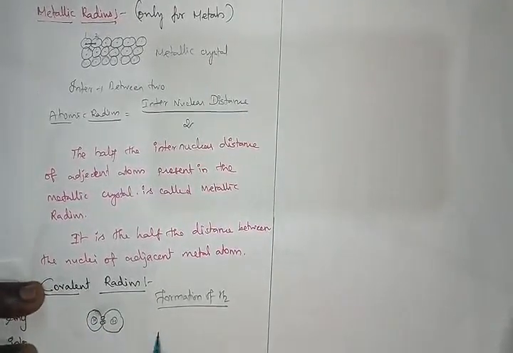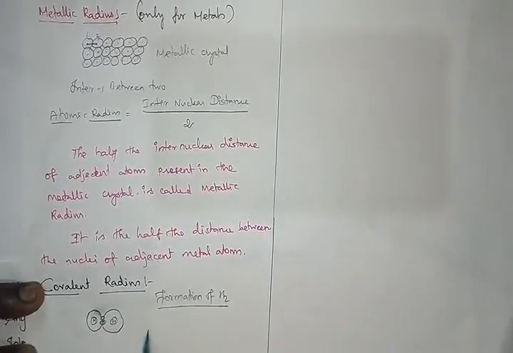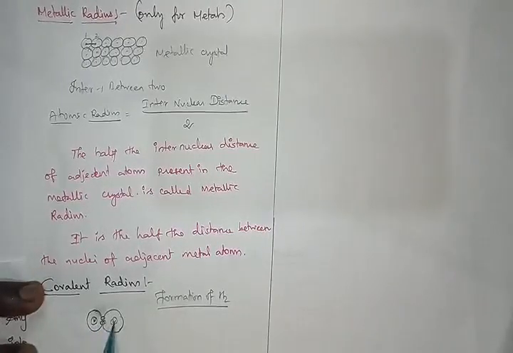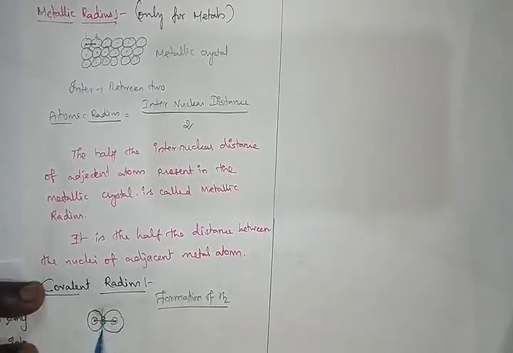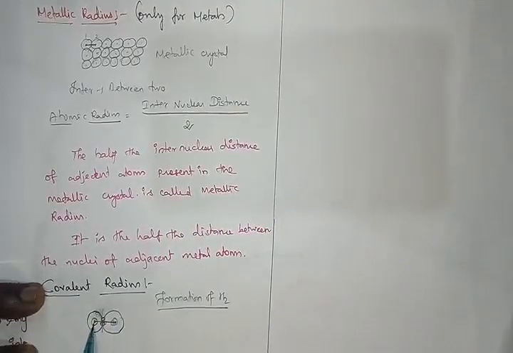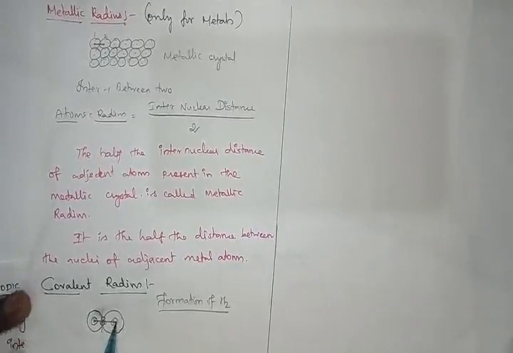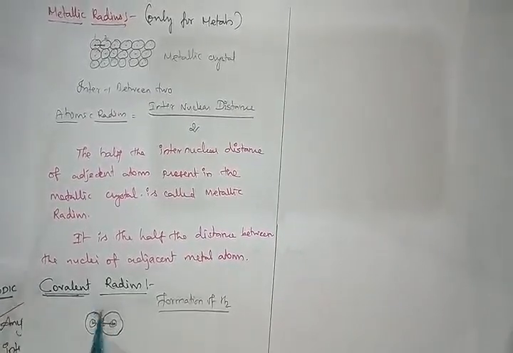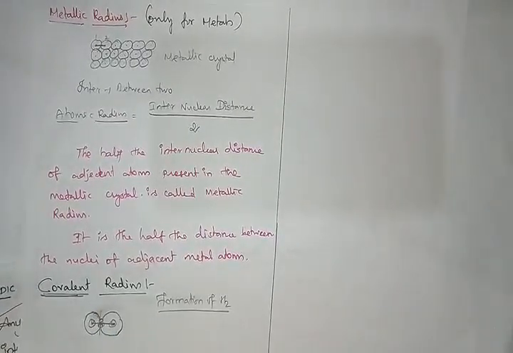Similarly, if you measure the distance between the centers of the two nuclei and make it half, you will get the atomic radius. This is half of the internuclear distance in covalent bonding. This is the idea we have to learn, my dear children.